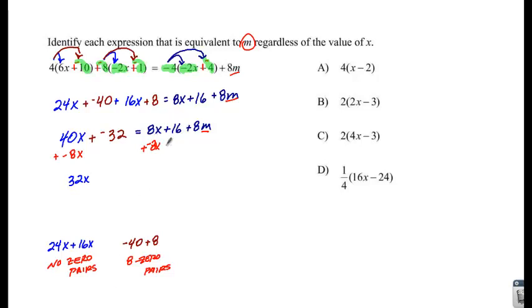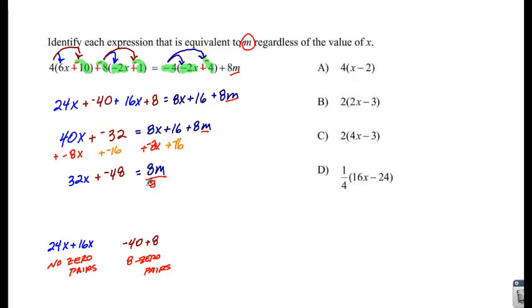We also need to get rid of the 16, so we're going to add a negative 16. These aren't going to cancel. They're going to combine. 32 negatives, 16 negatives, we get plus negative 48. All of that equals our 8m.